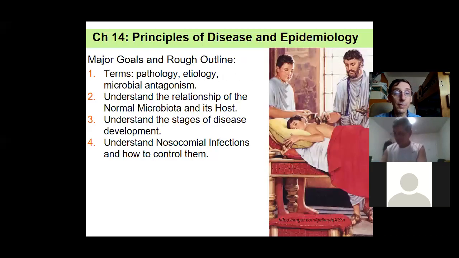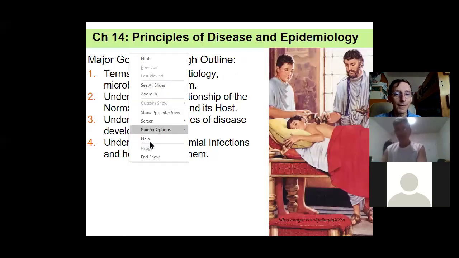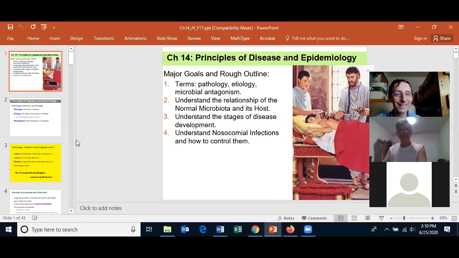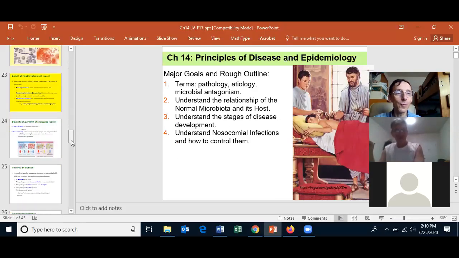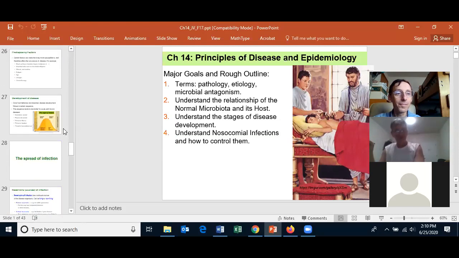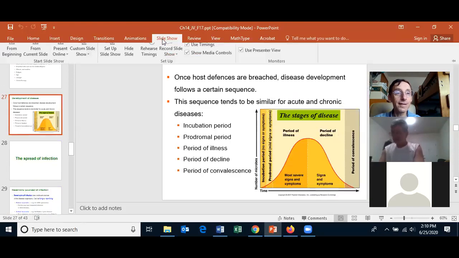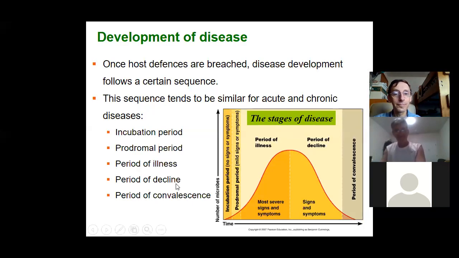The incubation period is the period from when the patient first is infected with disease and they have their first symptoms. So in between, where they have no symptoms but they are infected, that is known as the incubation period.